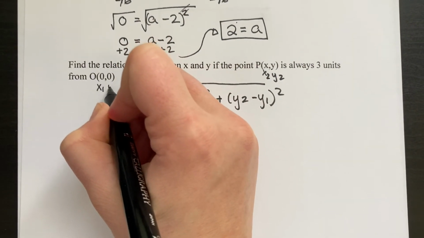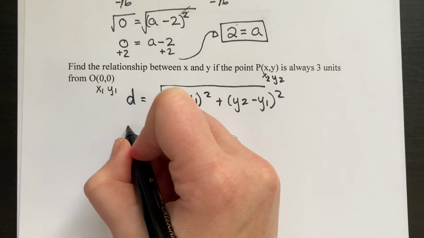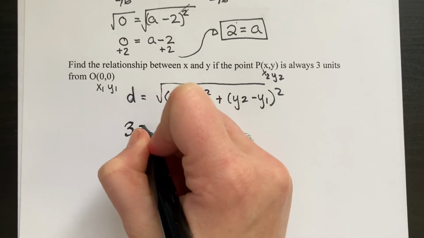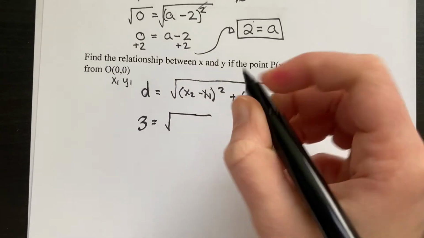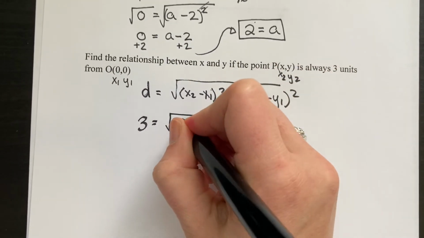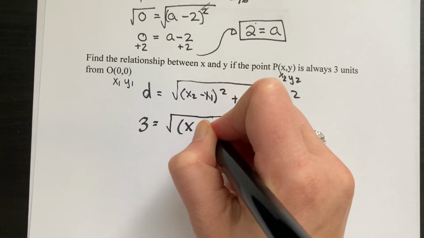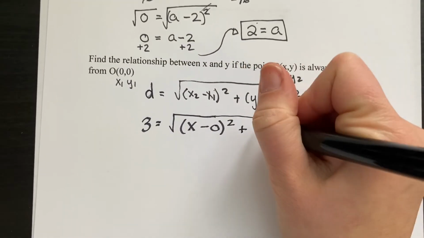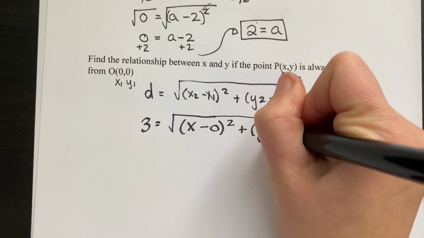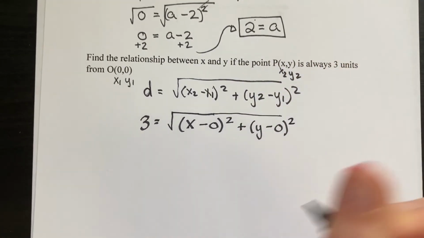This would be x1, y1 in this case. So I know my distance in this question is 3. So I'm going to have 3 equals the square root of x minus 0 squared plus y minus 0 squared.